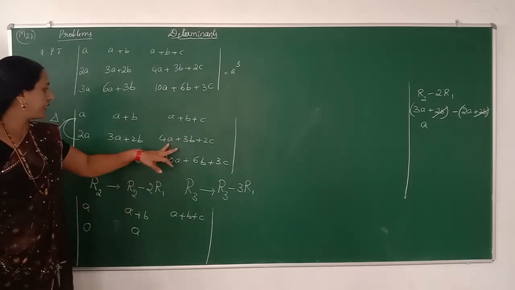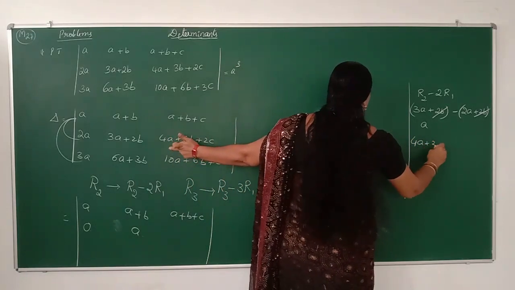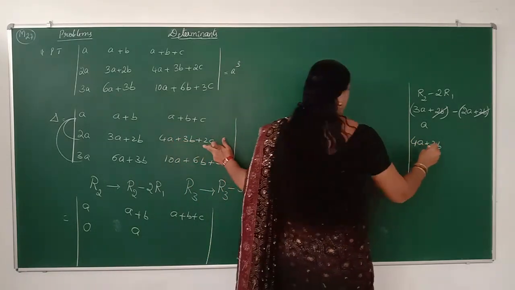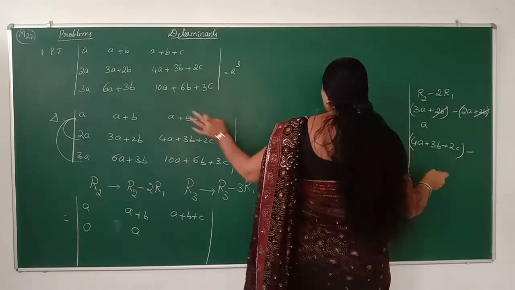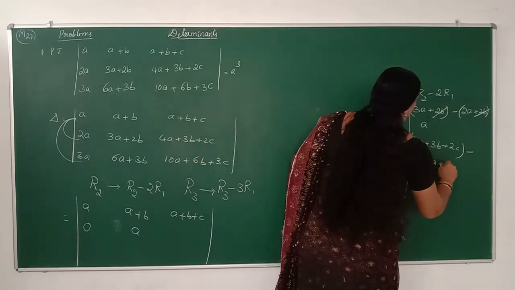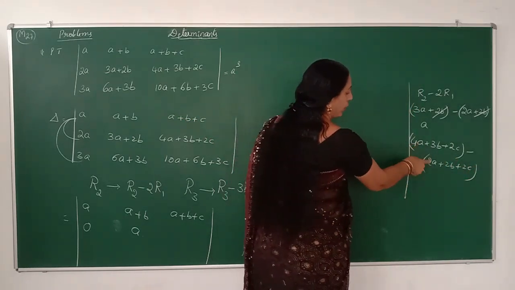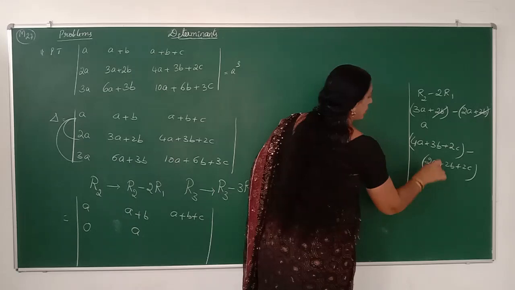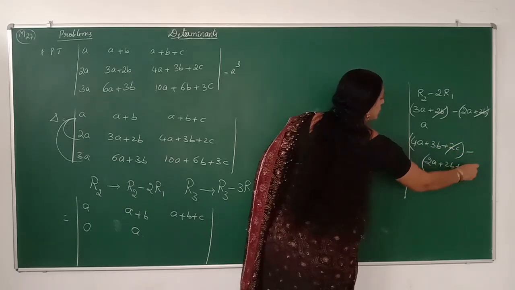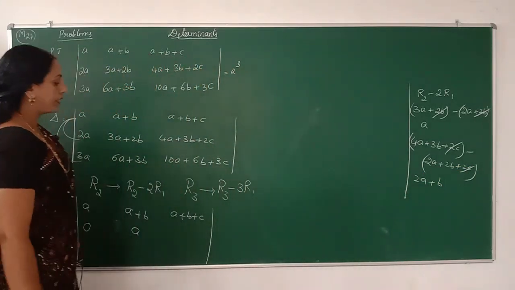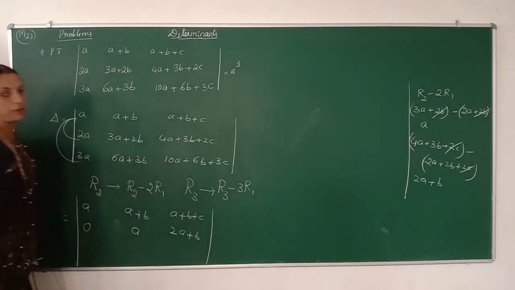Similarly, for the next element, R2 is 4a plus 3b plus 2c minus 2 times the corresponding R1 element, 2a plus 2b plus 2c. Subtracting: 4a minus 2a is 2a, 3b minus 2b is plus b, and 2c minus 2c cancel. Therefore the third element is 2a plus b.